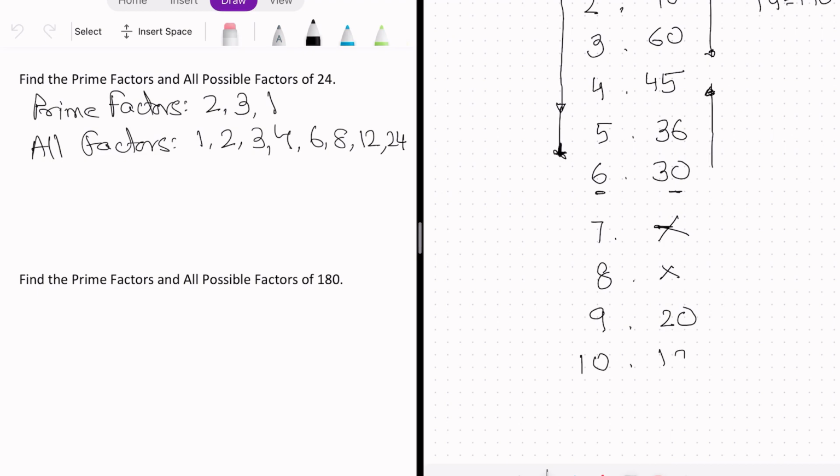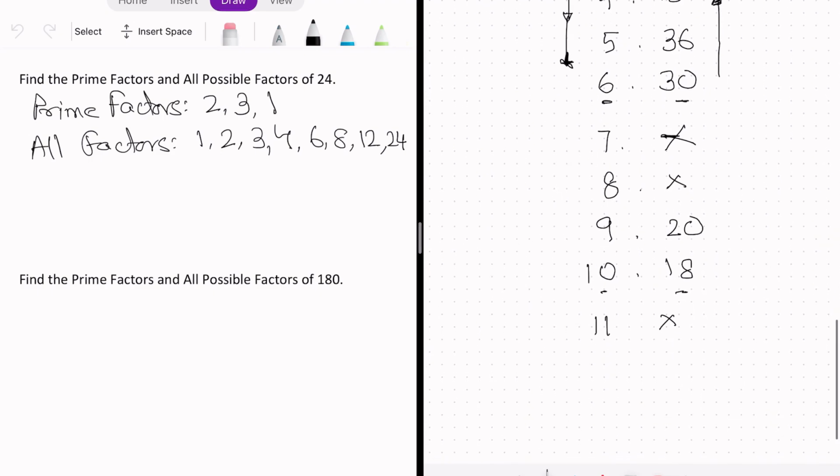You see how the difference between this column and this column is slowly decreasing? They're both nearing a number or a small set of numbers. 11, I cannot divide 180 by 11, so it does not have a factor. 12 multiplied by 15 gives 180.